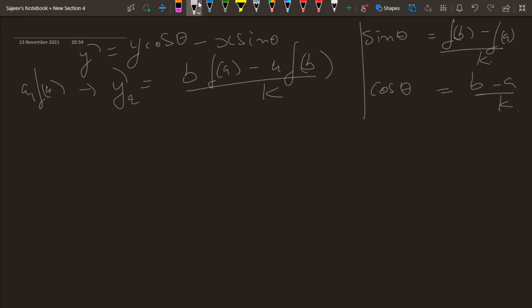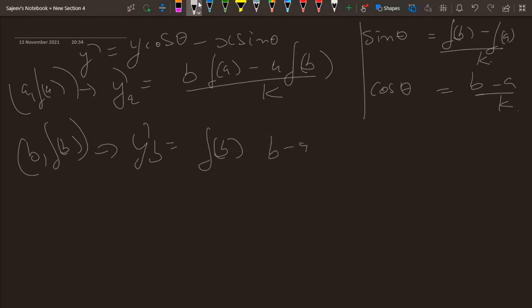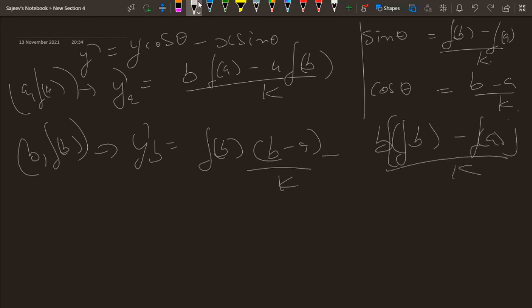Now let's apply the rotation formula at b comma f of b. So we'll call that y dash of b equal to f(b) into cos theta, right? Cos theta is b minus a by k, minus b into sin theta, which is f(b) minus f(a) by k. Now let me just simplify this a bit further.